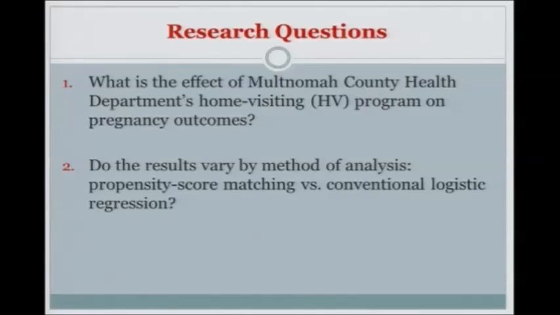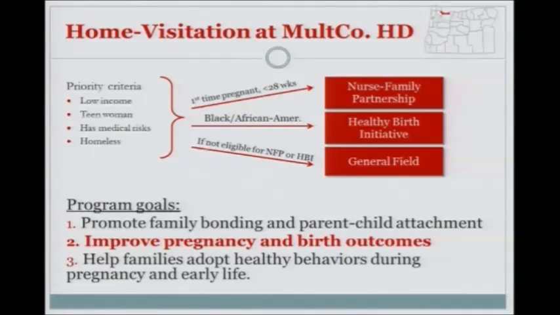Her research question was: what is the effect of the Multnomah County Health Department's home visiting program on pregnancy outcomes? The second question was a methods question. She wanted to compare, if I do propensity score matching, will it be different than my traditional multivariable regression approaches? One other thing I wanted to point out, if you look at these priority criteria, is that there are a lot of different priority criteria.